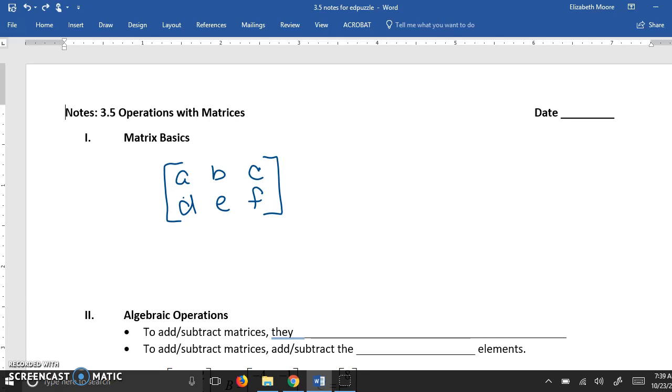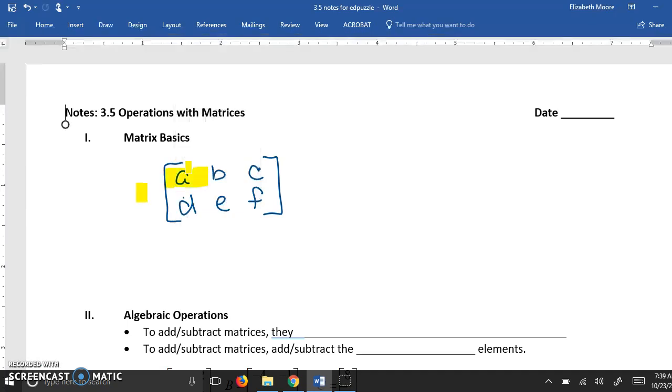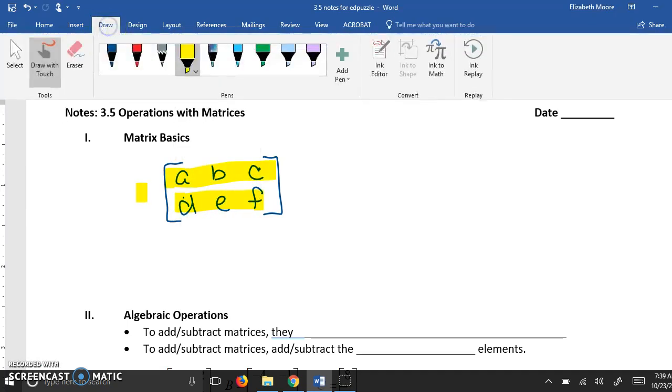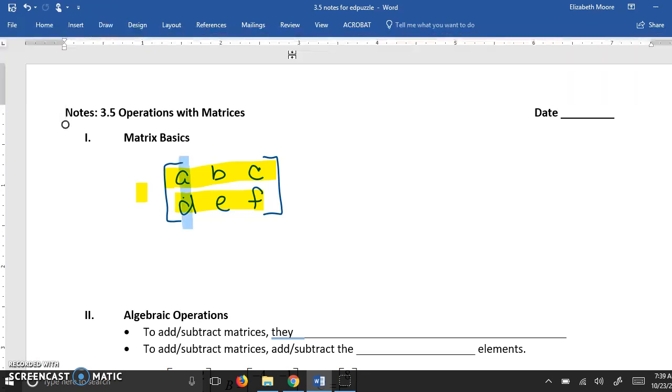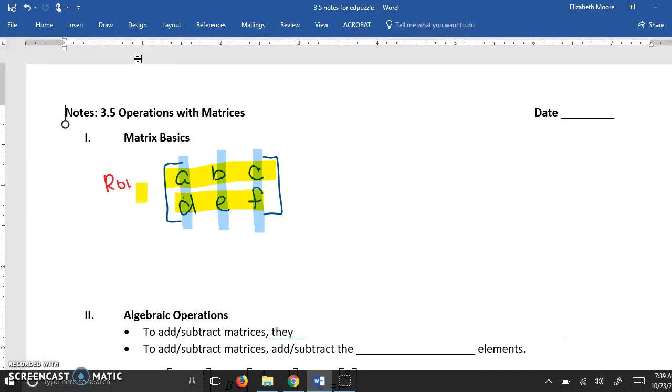And then also, what is important to know is that these are called your rows. We have 2 rows here. And it is also made up of 3 columns. So the rows and the columns are important because that is also how we name the size of a matrix.